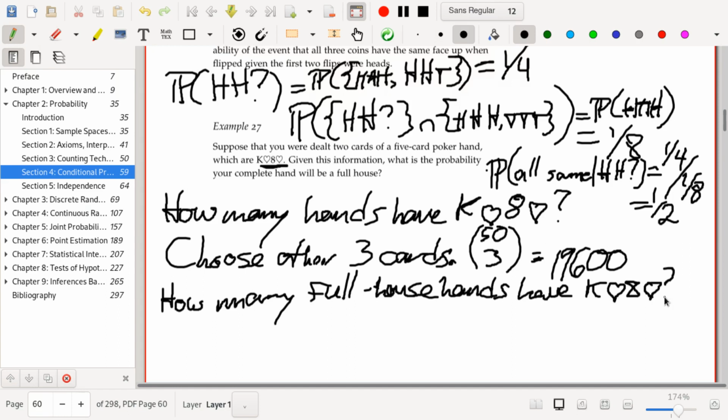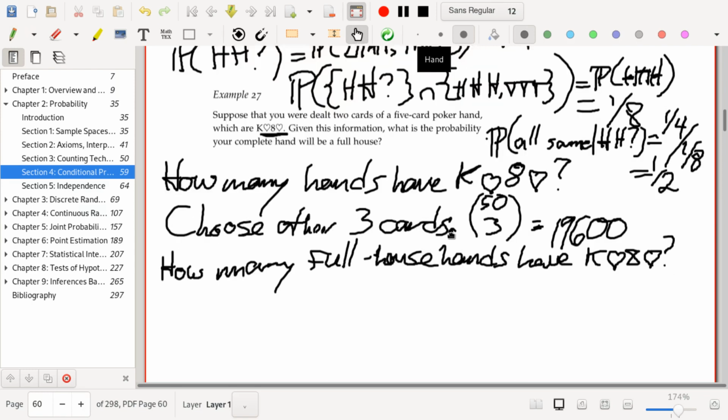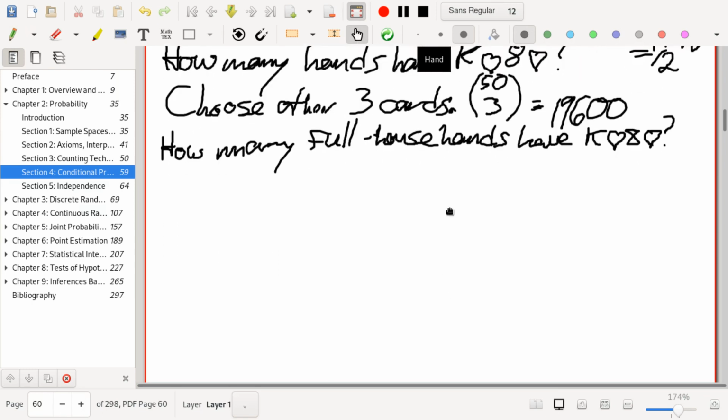Sorry, my apologies. How are we going to form a hand that is a full house hand and contains the King of Hearts and the 8 of Hearts?